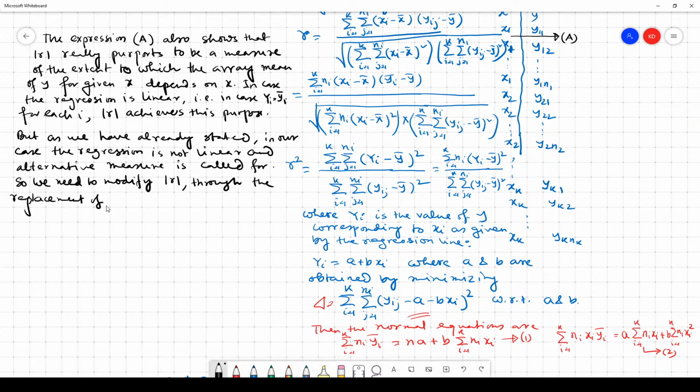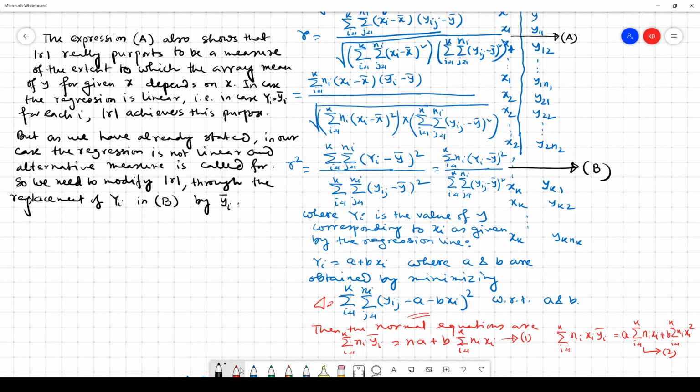of capital Yi bar in B, I denote this by B, by small y bar. I think it is not capital Y bar, it is capital Yi in B by small y bar.